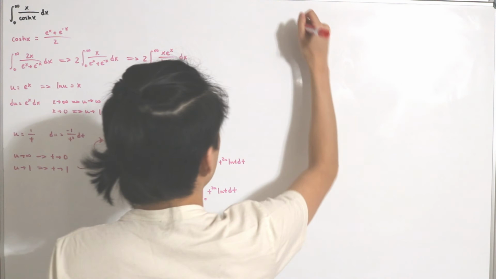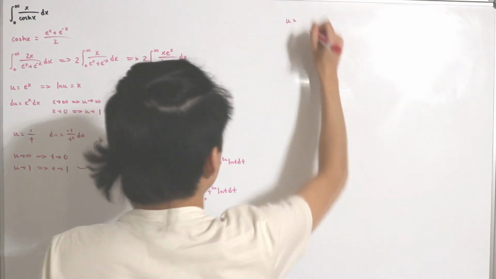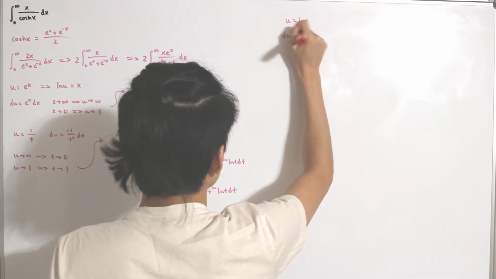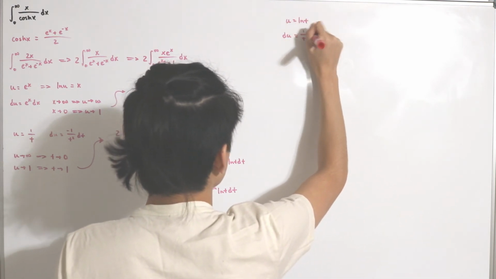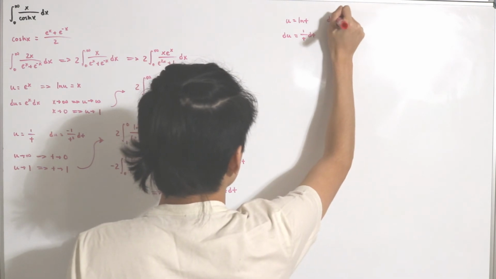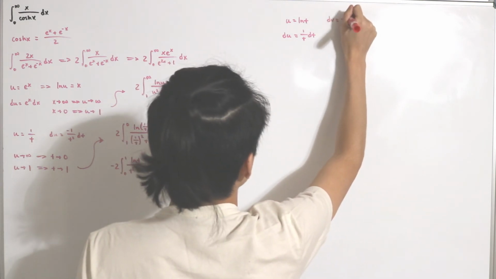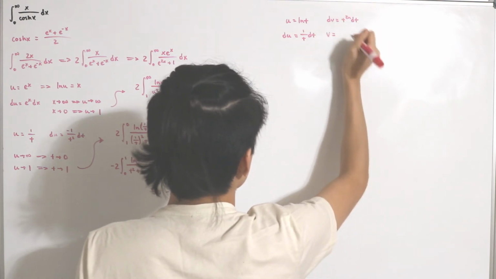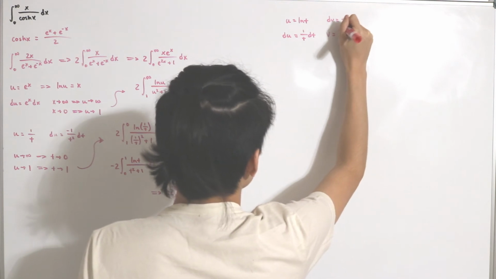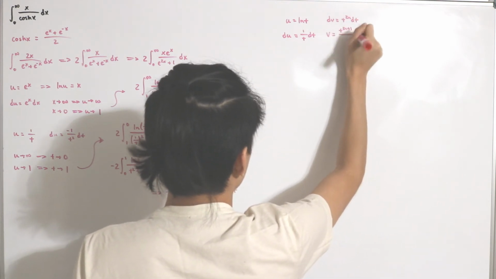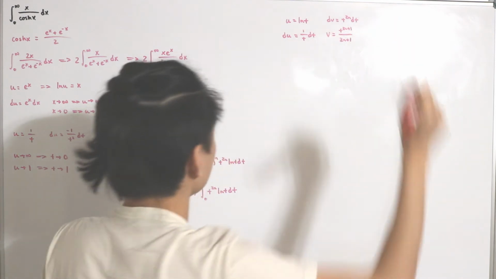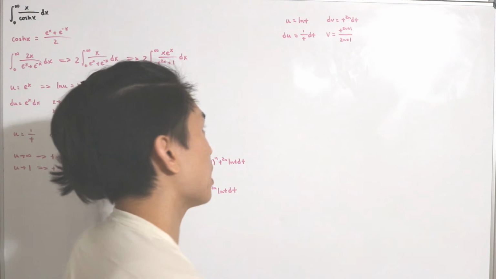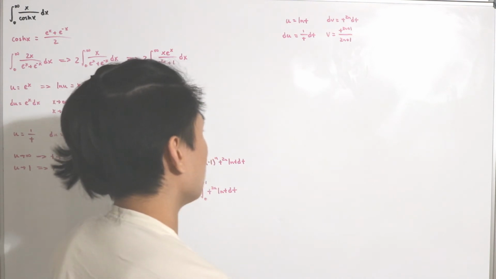So let u equal ln of t, and that means du is equal to 1 over t dt, and then let dv equal t raised to the 2n dt, then v is equal to t to the 2n plus 1 divided by 2n plus 1.